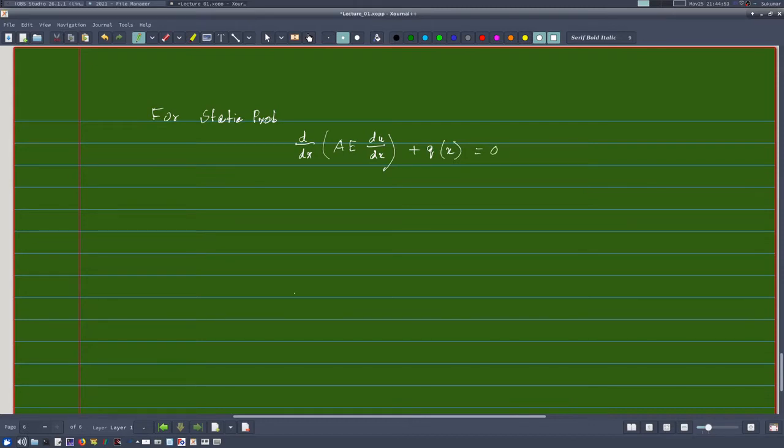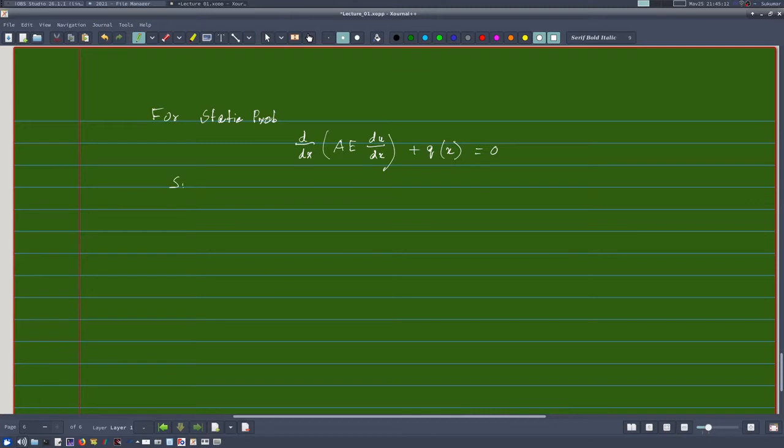So instead of the partial differential equation, I get an ordinary differential equation.